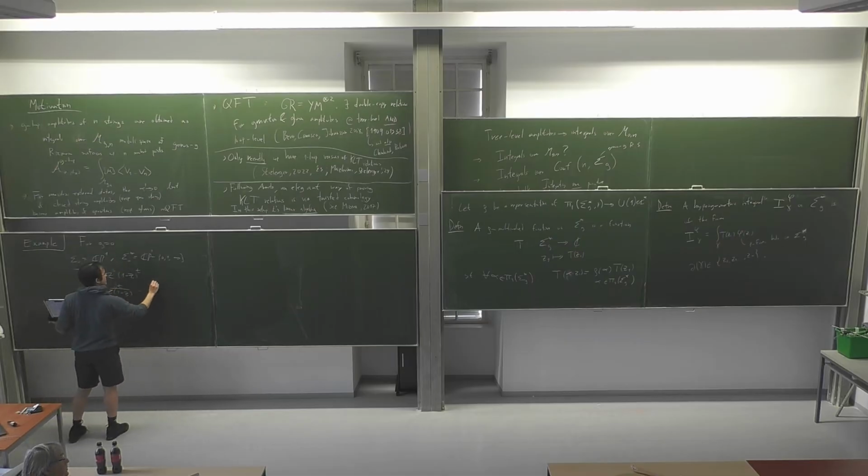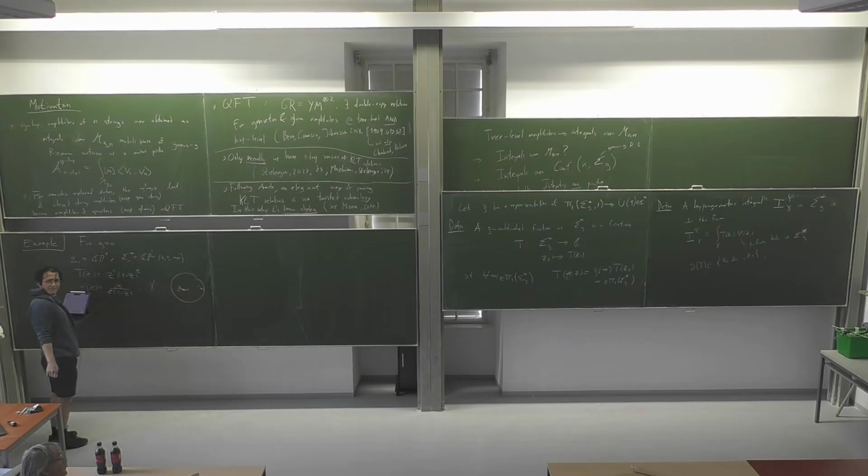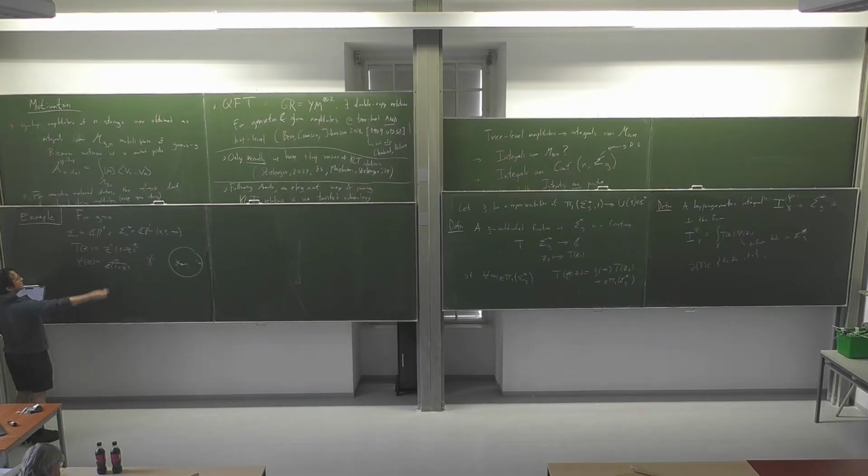And then the integration contour, I will just draw it: 0, 1, infinity, and it's this contour from 0 to 1. So the hypergeometric function I'm constructing this way is going to be the beta function.